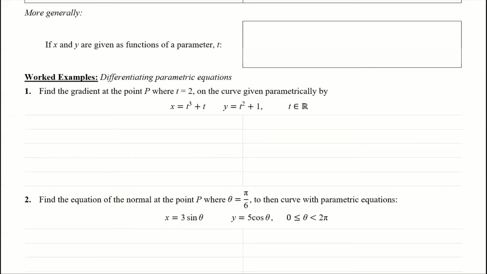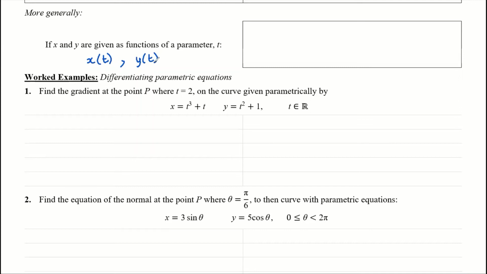So more generally, it says if x and y here are functions of a parameter t. So in other words, we define x in the following way. x is a function of t, so we tend to write it like that, like f of x. x is a function of t, and y is also a function of t.